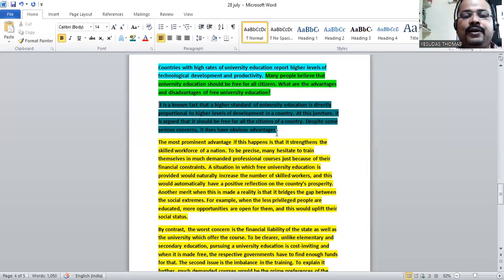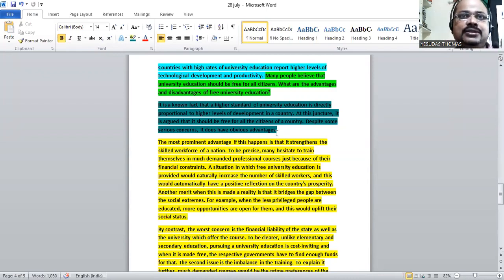In a country, when we have higher levels of development, this can naturally be correlated to the higher standard of university education in that country. This is something which is understandable to all. It's a known fact. At this point, it's argued that it should be free for all the citizens of a country.